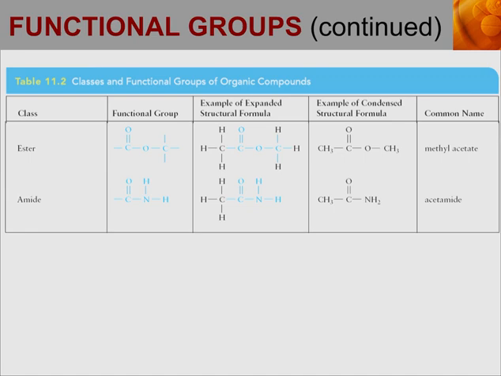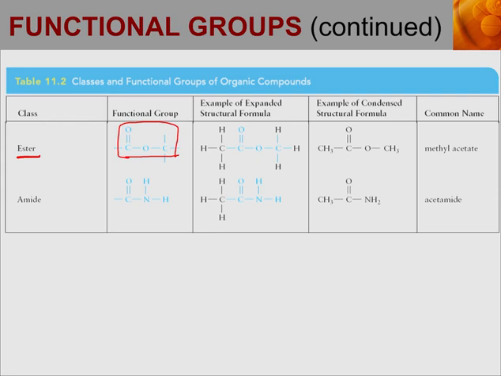And last but not least, we have a situation where you might have a carbon with a double bond to oxygen, and then on one side you have another oxygen that's then attached to a carbon group. This would be called an ester. Here we'll just circle that.